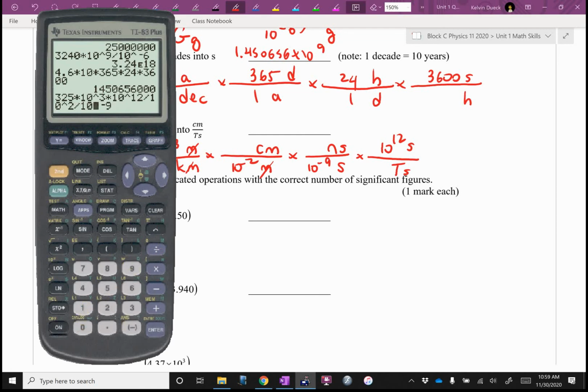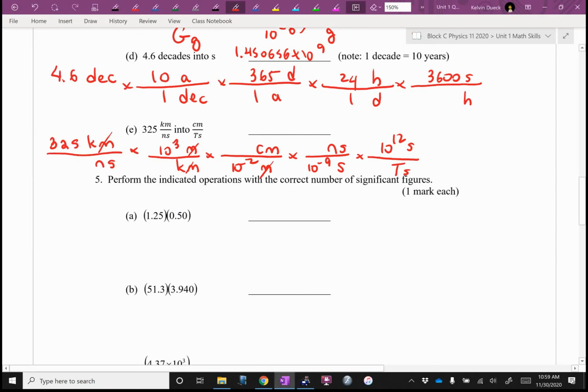Oh, it's not 10 squared. It's 10 to the negative 2, Mr. Dewick. Check for typos. Can't read my own writing. Do you get 3.25 times 10 to the 28th, or am I wrong? People are nodding? Woohoo! What a dumb question, Dewick. Shut up.